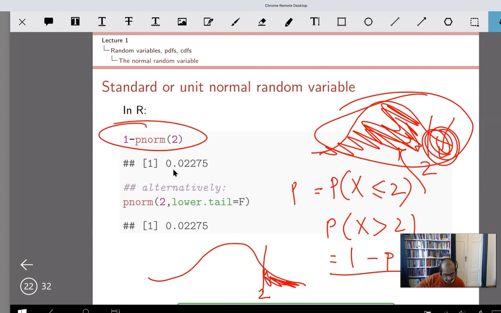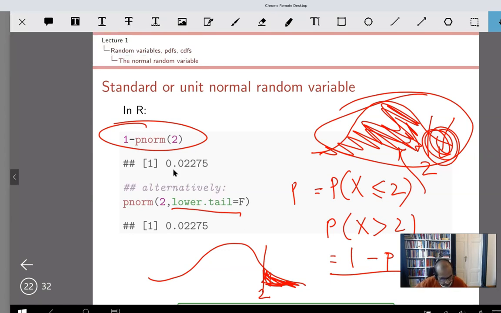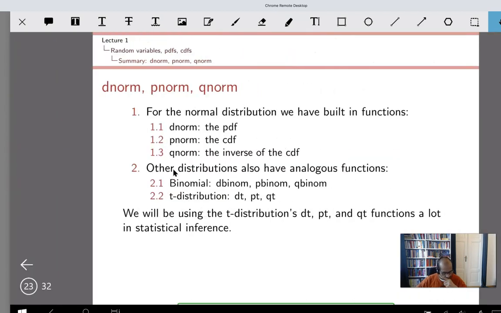But another way is to set this parameter lower tail equal to false. What that does is it calculates the area under the curve to the right of the number instead of the left of the number. That means the upper tail is what is being computed. Okay, so these are different ways to compute the area under the curve in the case of the normal distribution.